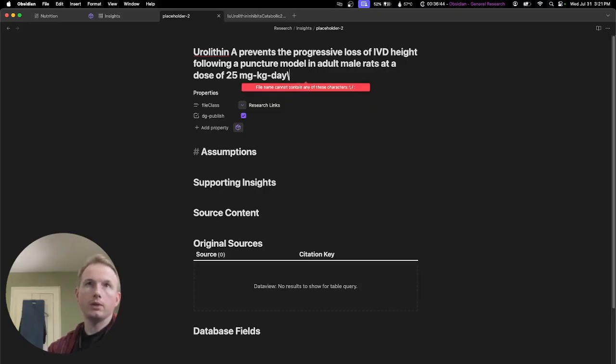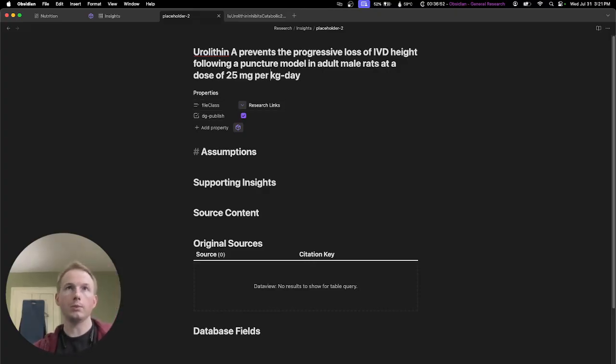Backslashes probably don't work either, yeah. So milligrams per kilogram per day could be spelled out, but that takes up more space and it reads weird. Anyway, so this is how I do it. So milligrams per kilogram per day.